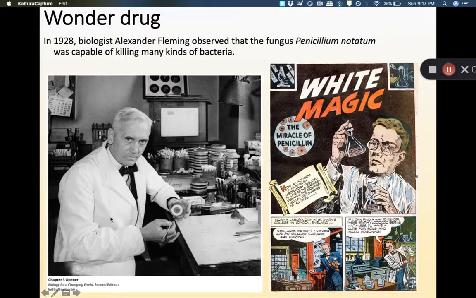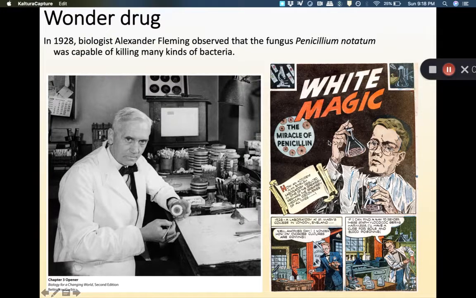He actually discovered this by accident: he left some cell cultures out overnight, and came back to discover a white fungus growing on the plates, and he noted that several of the bacteria on these plates had essentially disappeared because of the presence of this fungus.